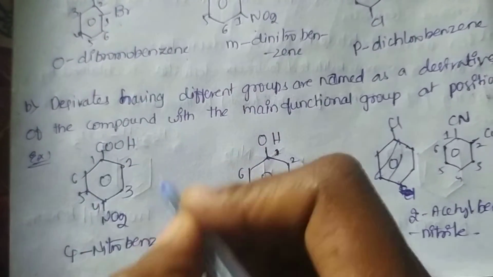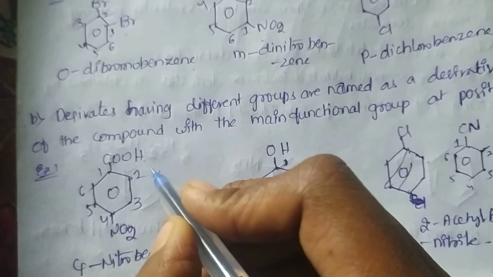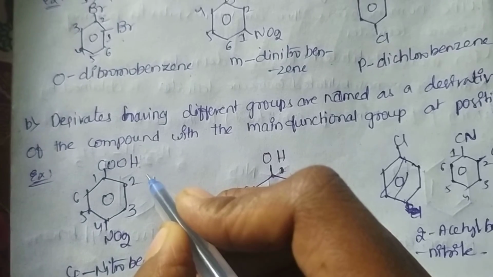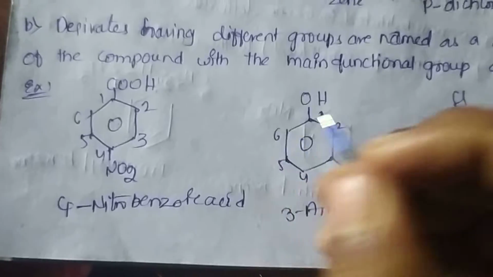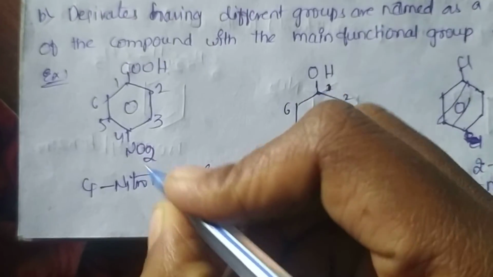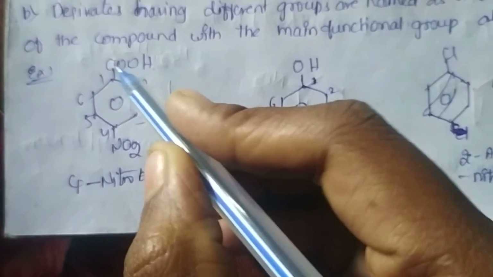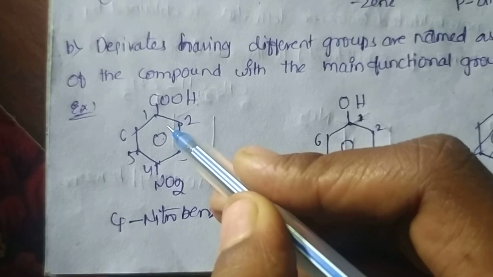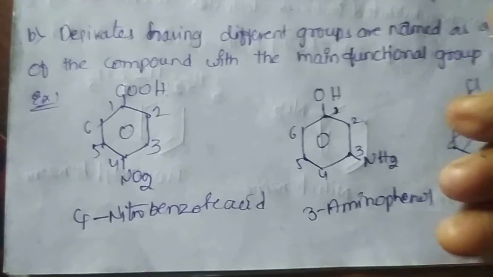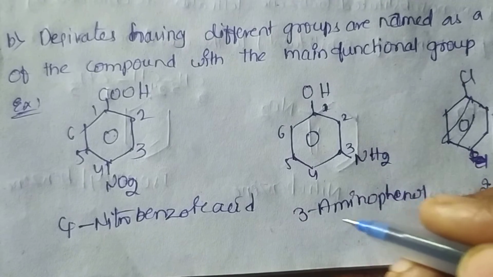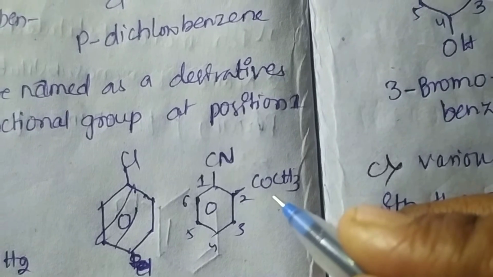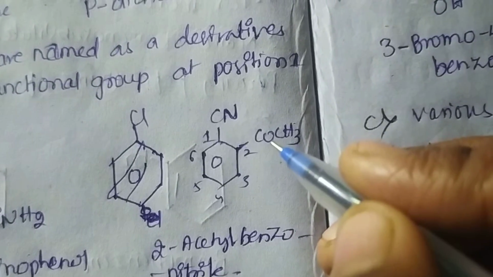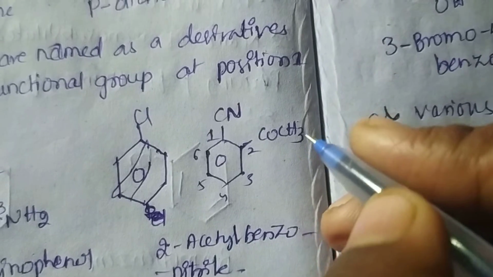So each derivative having the same functional group can be named as a derivative of its functional group. 4-nitrobenzoic acid, here considered as an acid, benzoic acid. So the normal ring structure is benzoic acid, and here phenol, 3-aminophenol, and here an acetyl group, acetylbenzonitrile.